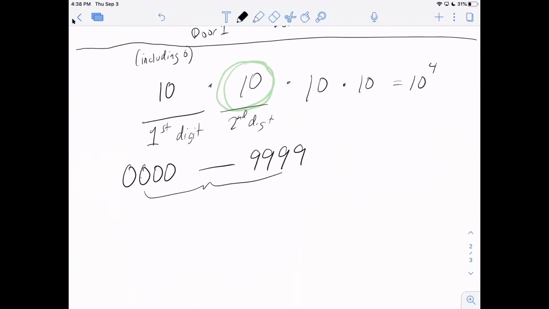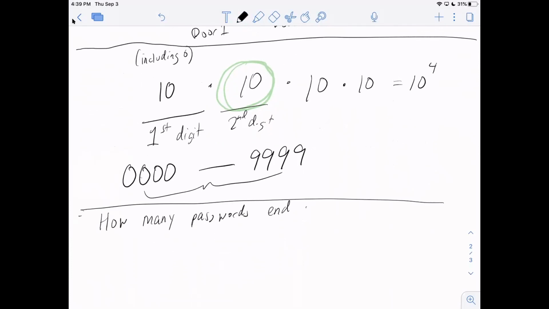I'm just going to ask you guys. How many passwords end with either a number, a digit from the set, so you're a spy and you saw somebody's PIN and you saw the last number, or you got a feeling for what the last number could possibly be.